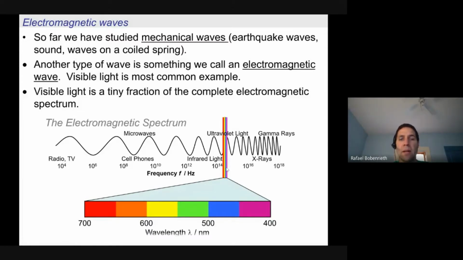And you can see there the colors. Some of you may have learned sometime in your past, Roy G. Biv. You can see that played out there: red, orange, yellow, green, blue, indigo, violet, so to speak. And notice that the different colors just correspond to a different wavelength of an electromagnetic wave. So this is something important to realize, that there are these other types of waves, and in the next slide we're going to talk about how they're similar and how they're different from mechanical waves.